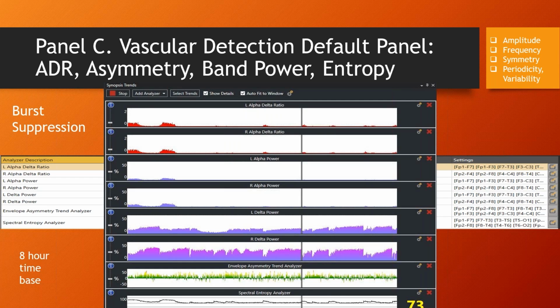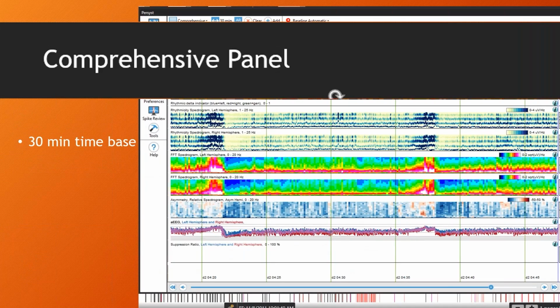So that's panel C. And then the persist trends, we have the comprehensive panel. And what can we tell from this? Again, we don't have the raw EEG here, but what we can see from the rhythmicity spectrogram is that there's rhythmic activity occurring there at about 420 and about 440 or 430.